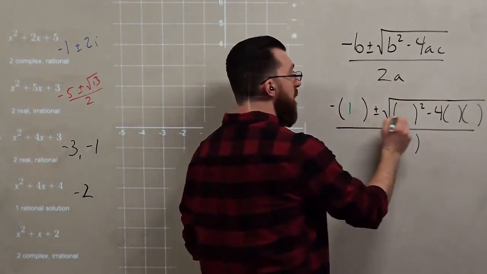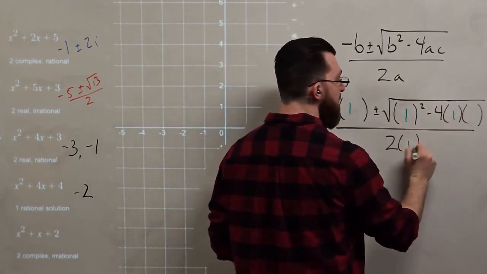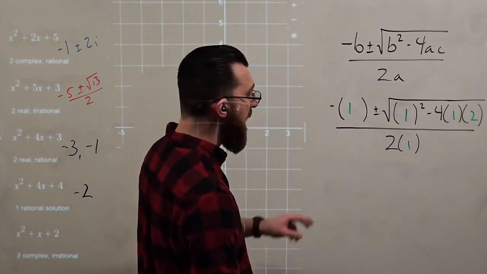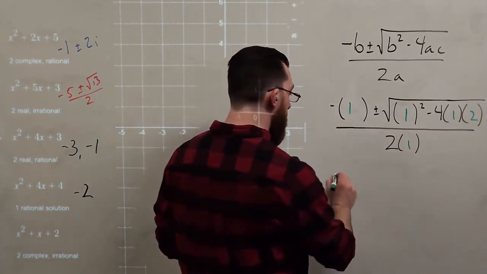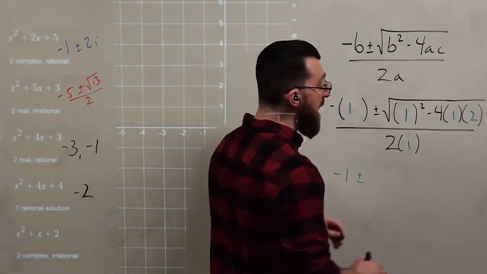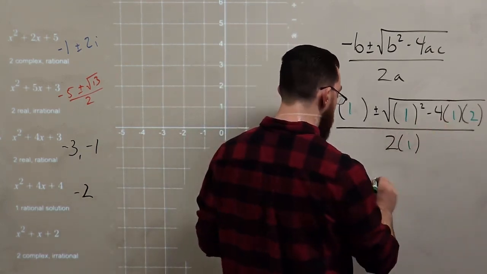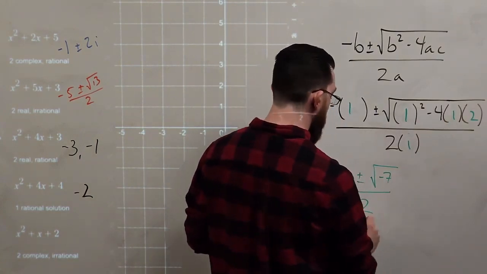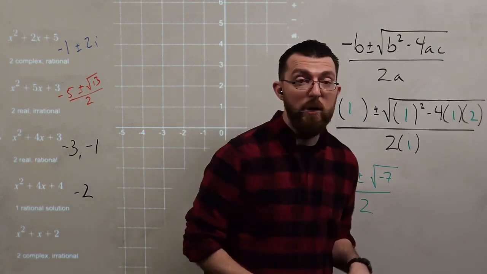So if I am doing negative 1 plus or minus the square root of, and again, we've seen this already, 1 minus 8, that's negative 7, over 2. Okay, that looks awful.